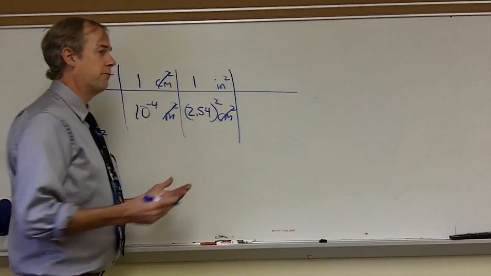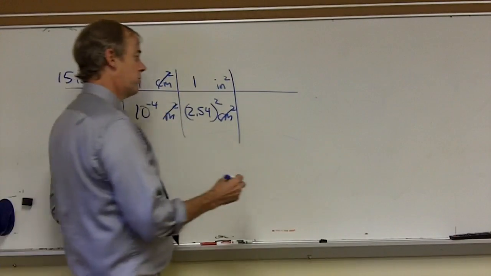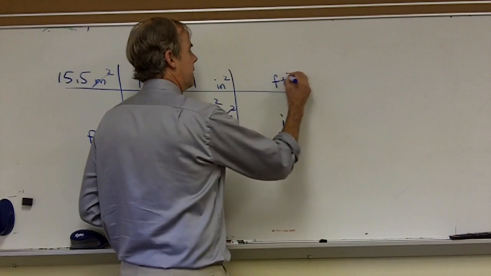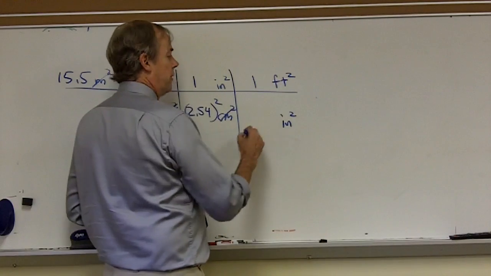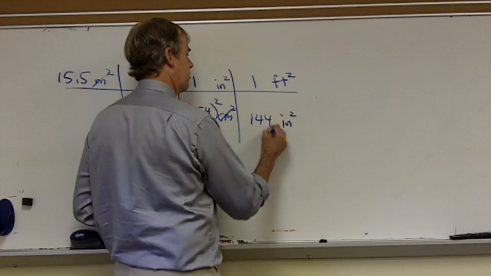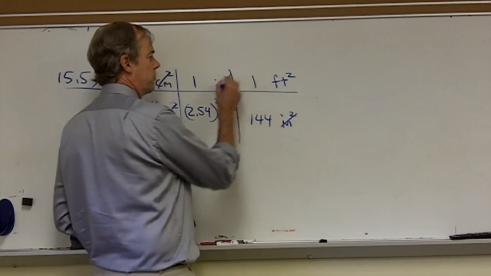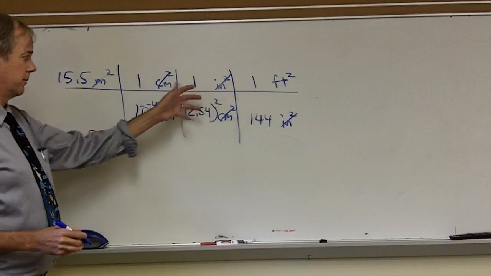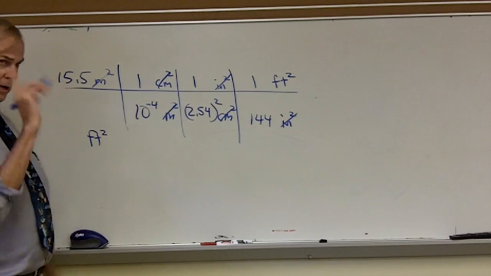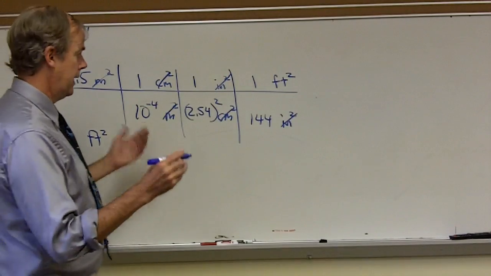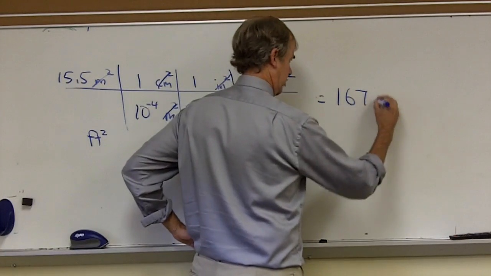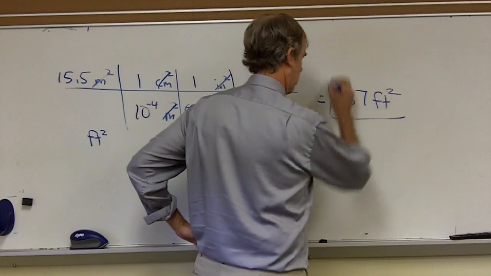Finally, we can get from inches squared to feet squared in just one last step. 1 foot equals 12 inches. If you square 12, you get 144 square inches equal to 1 square foot. Exact, exact, exact, 3 digits. I need a 3-digit answer. And that 3-digit answer comes out to 167 square feet.